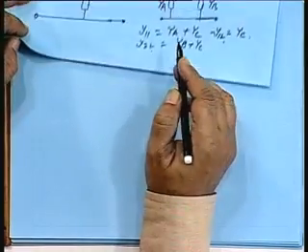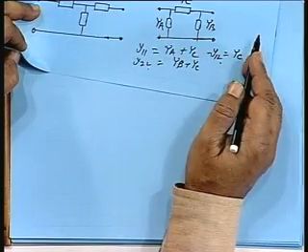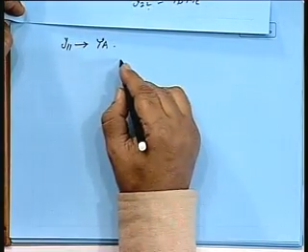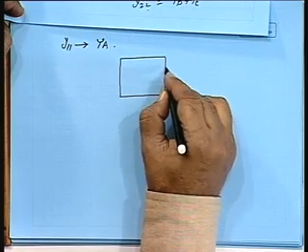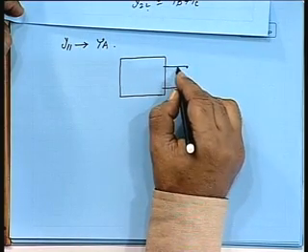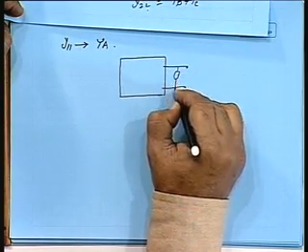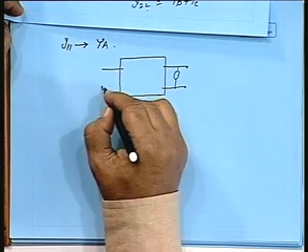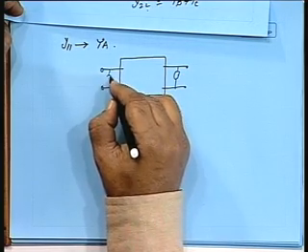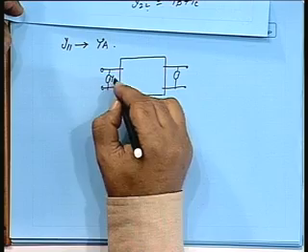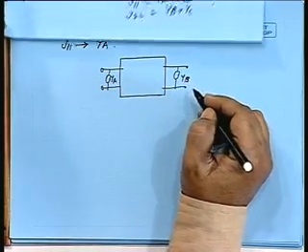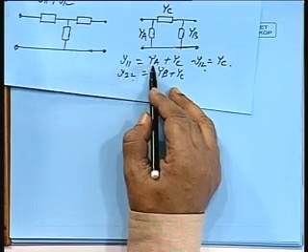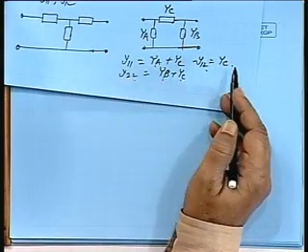So, I can remove these poles, and such poles can be realized as separate elements. I am not given YA and YC, YB, YC separately.